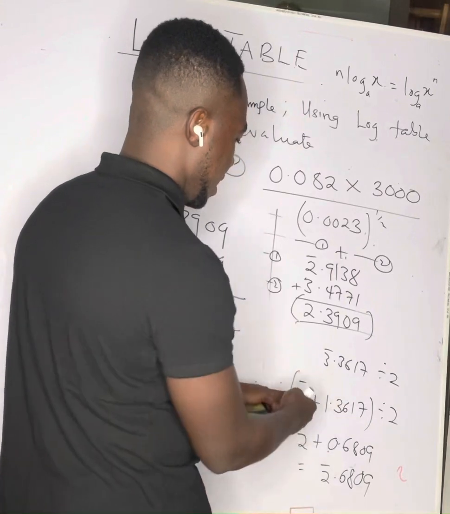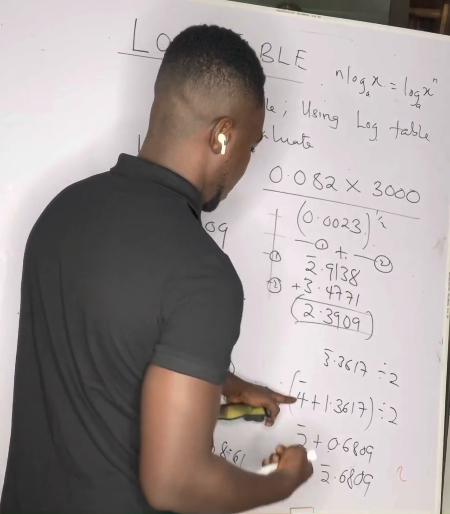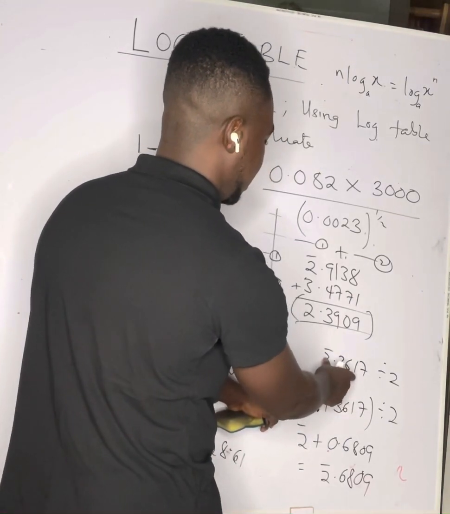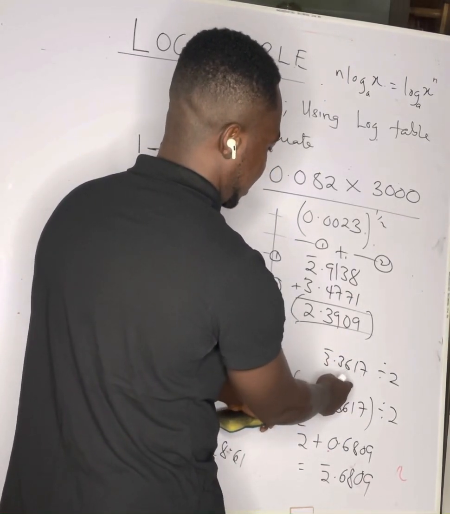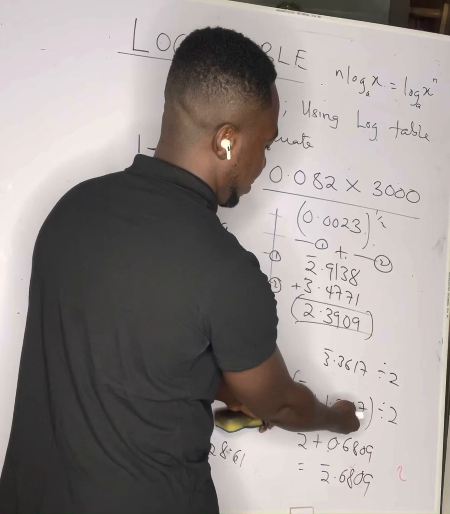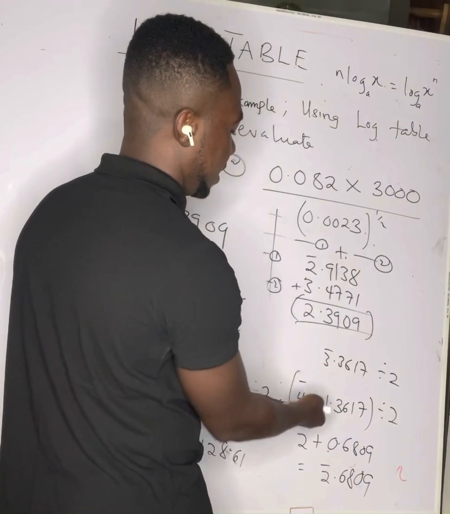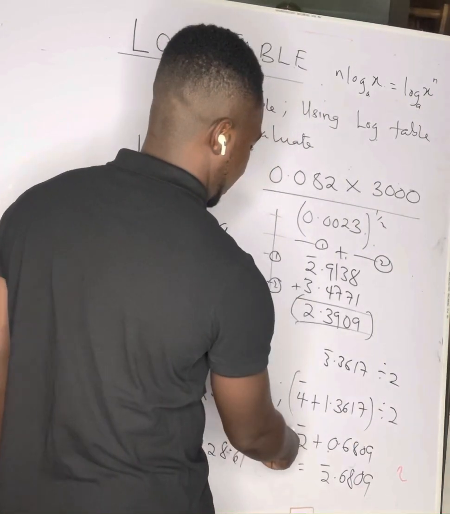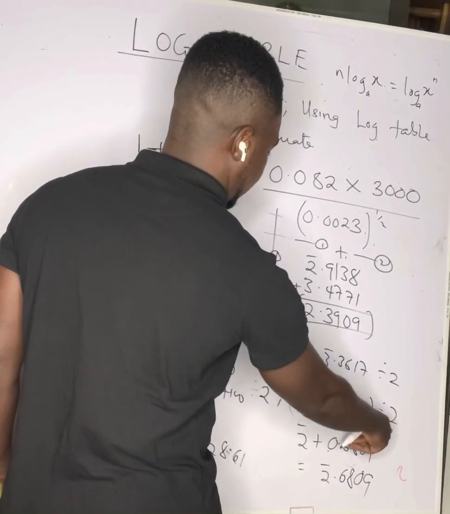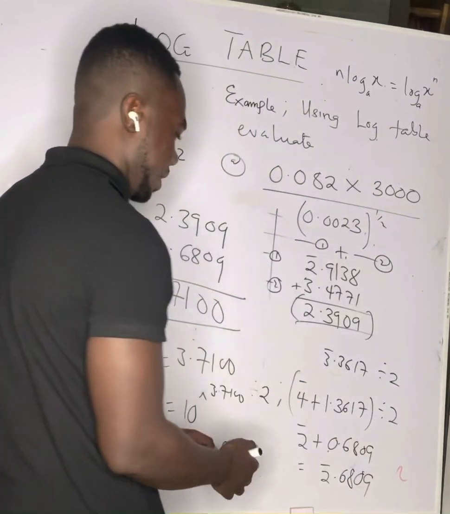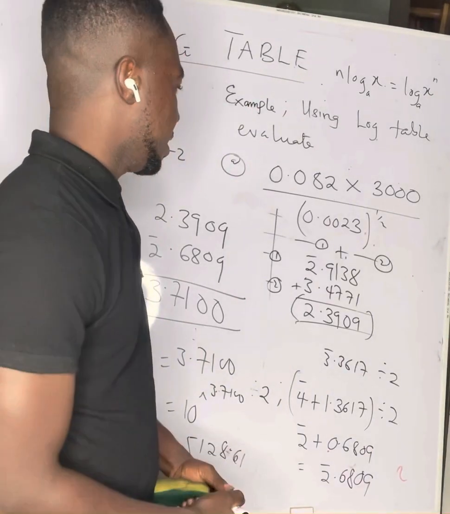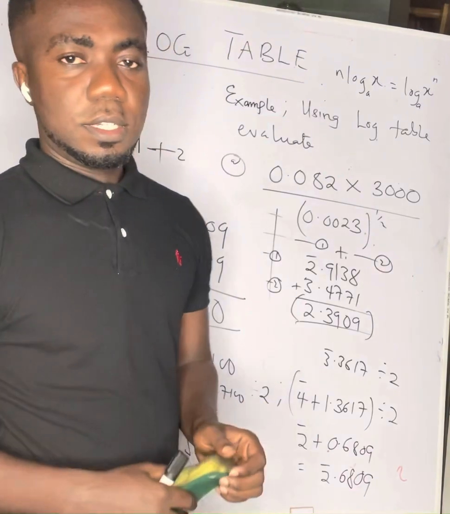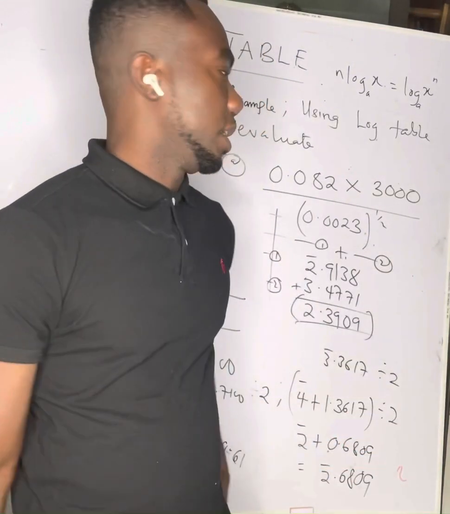That's why I looked for the factors of 2, where I had minus 4. Then I asked myself, what value should I add to this without changing the value 3.3617? Adding 1.3617 to the expression minus 4 will give me back this. So after dividing by 2 without a remainder, I had this. Then you add and get your final answer. After, you take your antilog to get the answer for the expression.